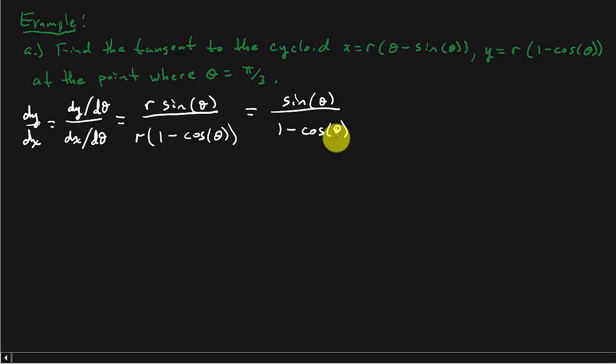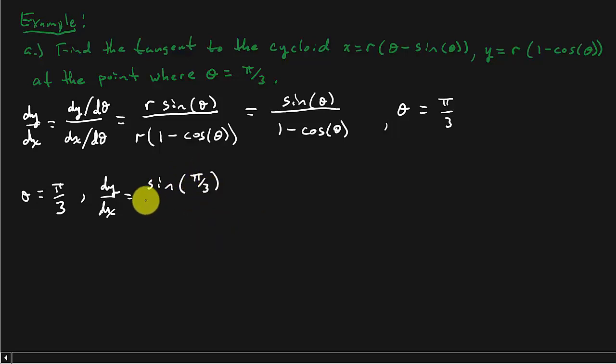There's your derivative. Remember, they want to know the tangent when theta equals pi over 3. So for theta equal to pi over 3, we have dy/dx equal to sine of pi over 3 divided by 1 minus cosine of pi over 3.